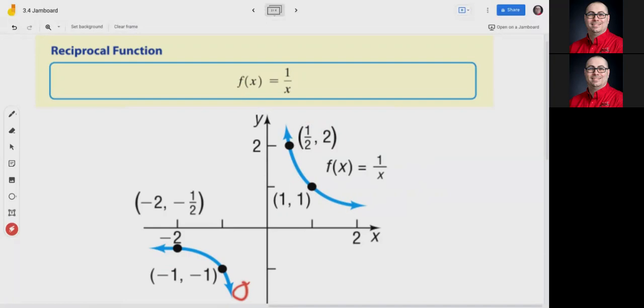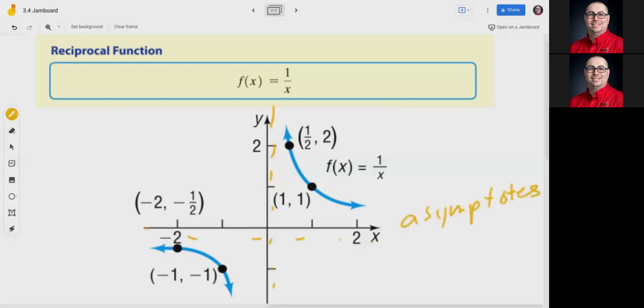Notice there are no intercepts. There's nothing crossing the x-axis here, nothing crossing the y-axis here. And what this function does have, which I'll mark here, is what we call horizontal and vertical asymptotes.